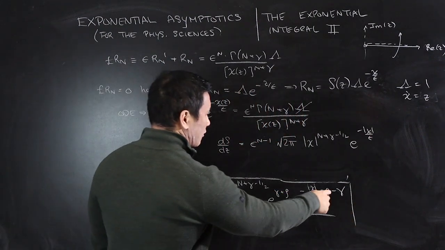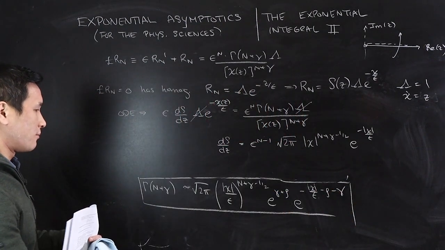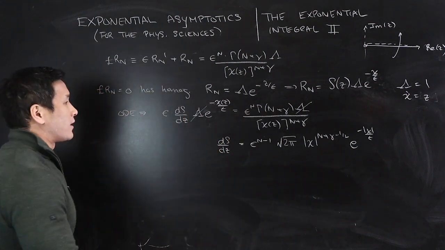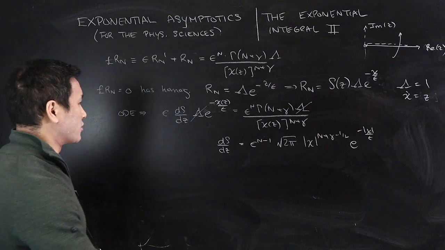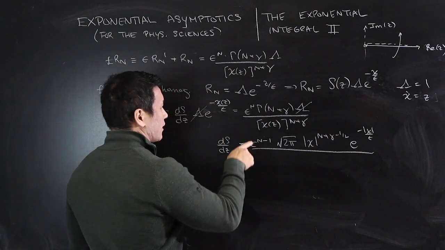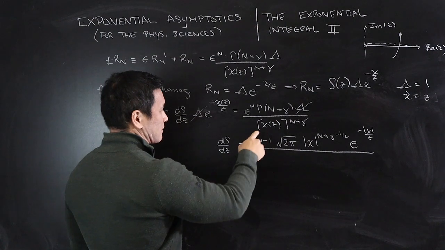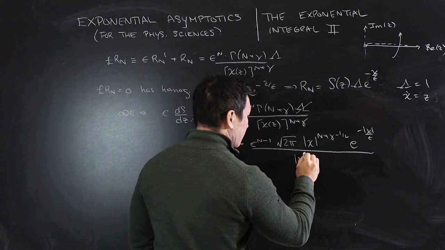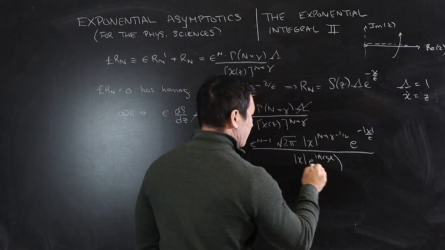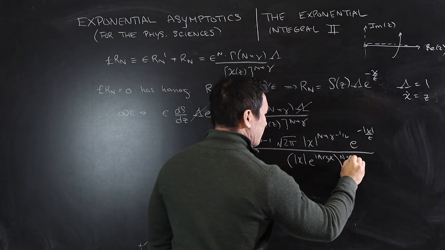The gamma plus rho cancels with the minus gamma minus rho there. And then I'm going to have a bunch of stuff on the bottom, but I can just write this as mod chi times e to the i times the argument of chi, all to the power of n plus gamma.